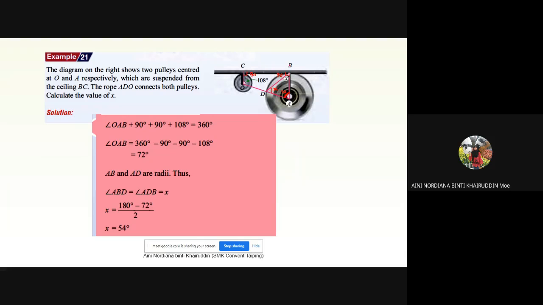Because AB and AD are radii. So ADB is actually an isosceles triangle. So once you get 72 here, next you can calculate the value of X. How? 180 minus 72 divided by 2. So X is 54. Can or not?